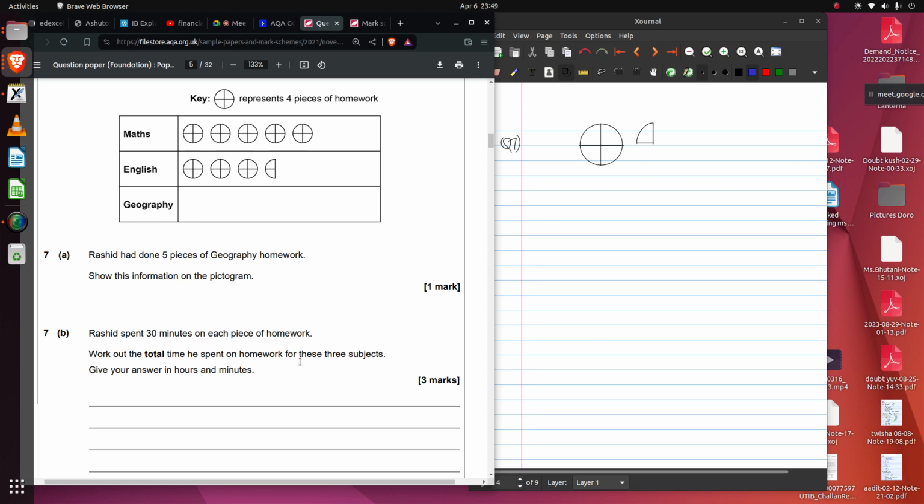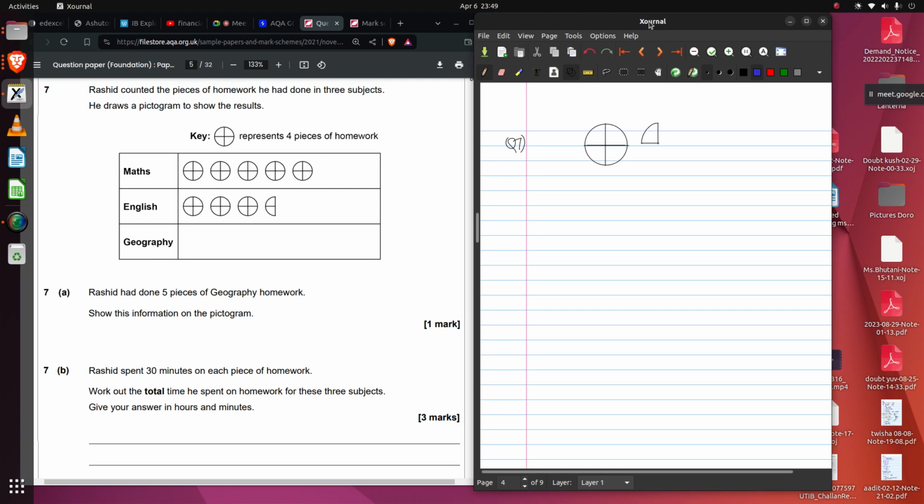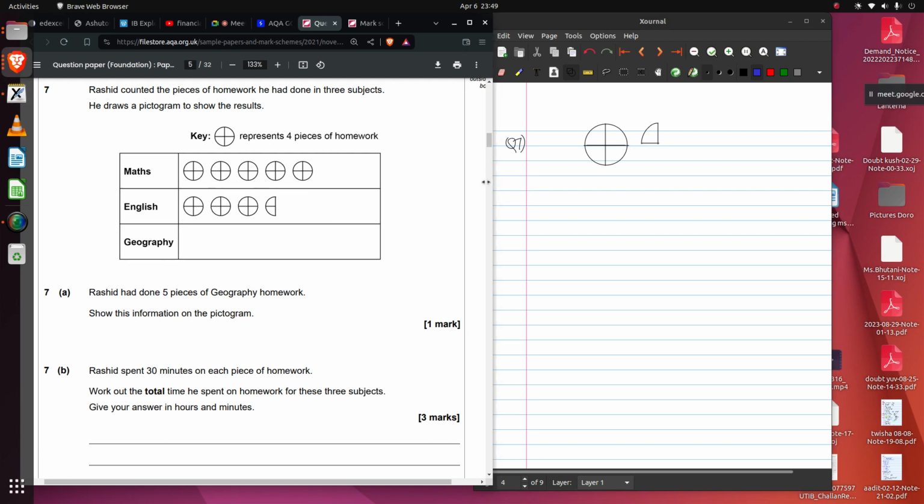Okay. So you just count how many pieces of homework, then multiply. You have to count the pieces of homework. One circle has how many pieces of homework? 4. How many circles do you see in the diagram?